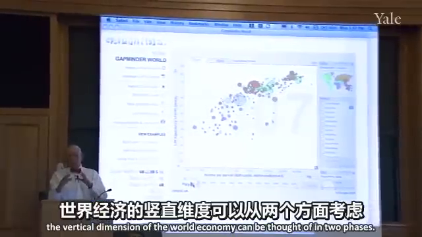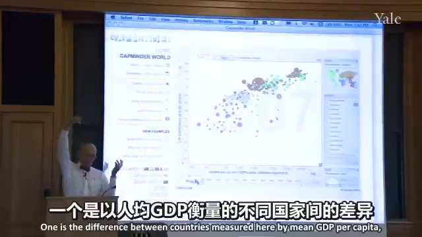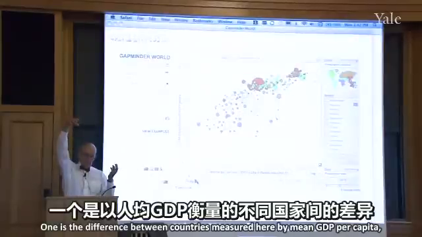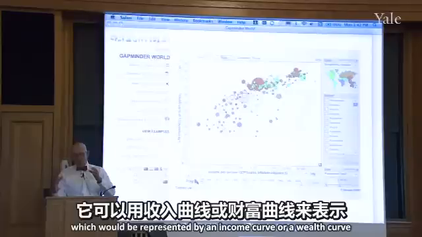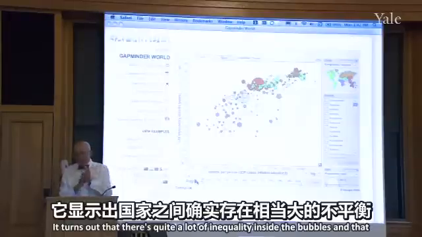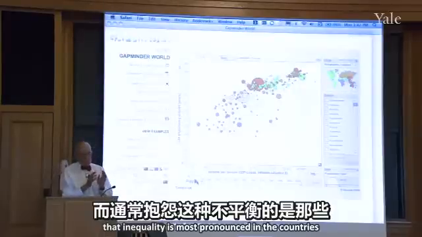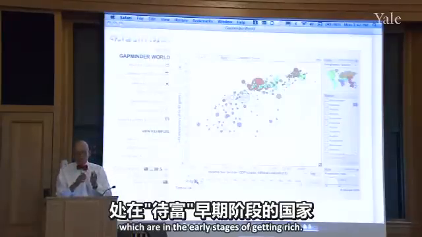Now, we could infer from that the vertical dimension of the world economy can be thought of in two phases. One is the difference between countries, measured here by mean GDP per capita, and the other is the differences within countries, which would be represented by an income curve or a wealth curve within each of the countries. And it turns out that there's quite a lot of inequality inside the bubbles, and that inequality is most pronounced in the countries which are in the early stages of getting rich.